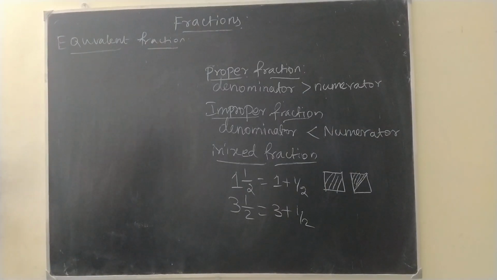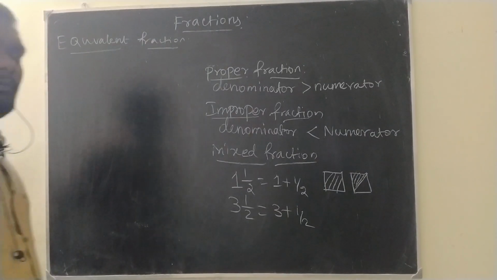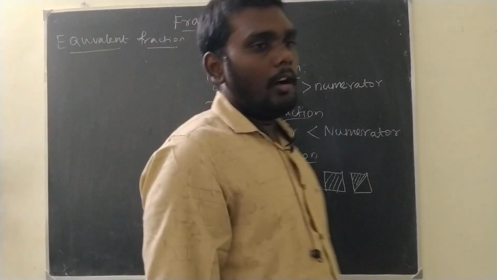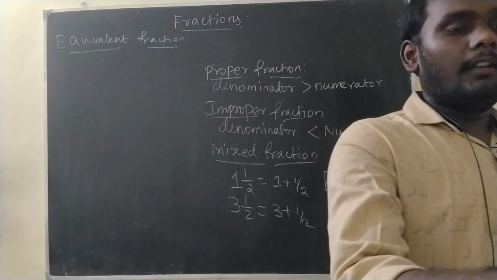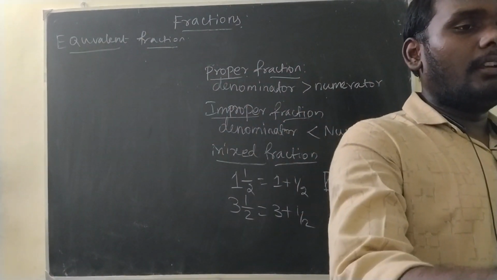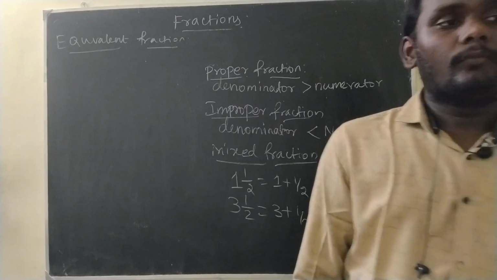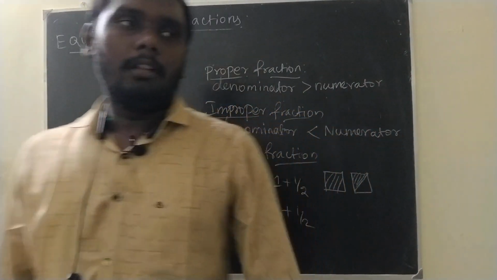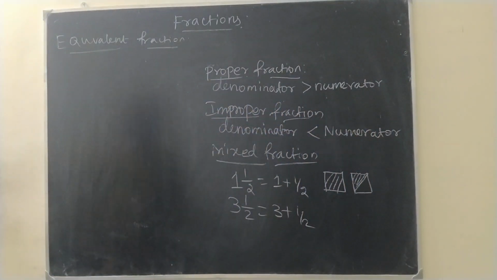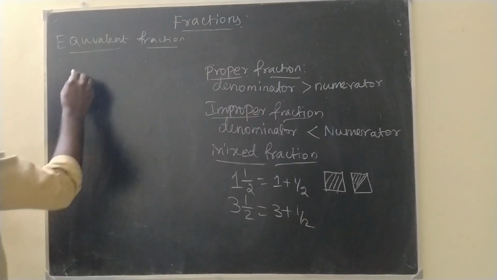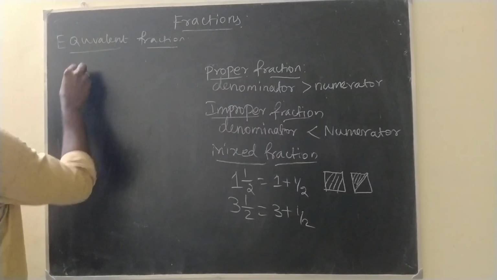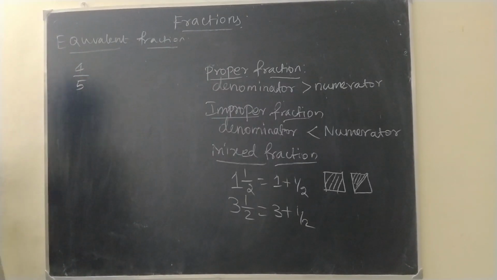A fraction can be multiplied with a non-zero number on its numerator and denominator. Both numerator and denominator we have to multiply. So when we multiply, we get the equivalent fraction. For example, here I took 4 by 5.